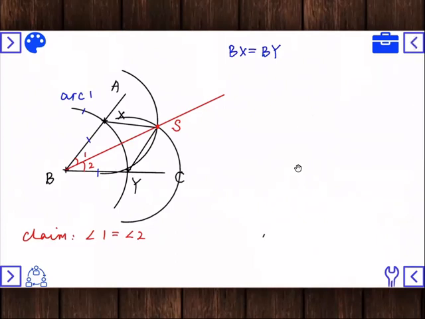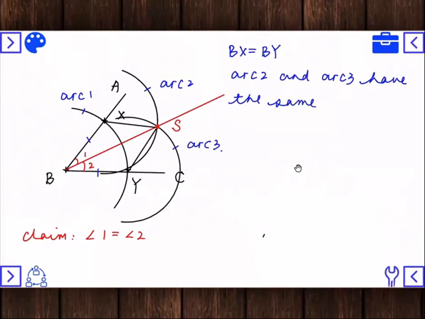Let's call this arc 2, and let's call this arc 3. We know that arc 2 and arc 3 have the same radius, because we chose the same radius for arc 2 and arc 3.